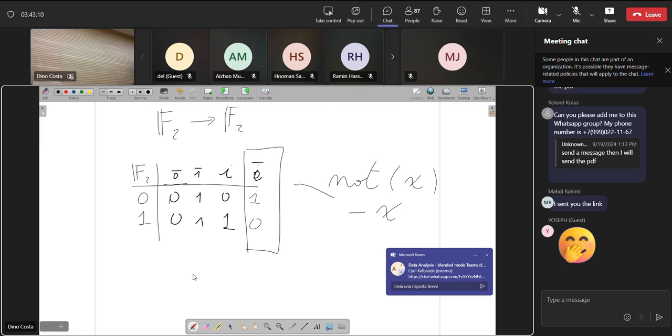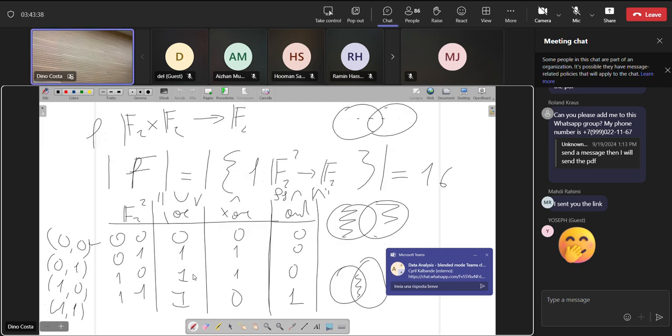This minus is a unary operator; it just makes the opposite. And there are many of these unary operators. For example, if we have x, we map it into 1 over x. This is another unary operator: the inverse. Here there is really a difference, because in the previous case the domain was F2, while here the domain is F2 squared.